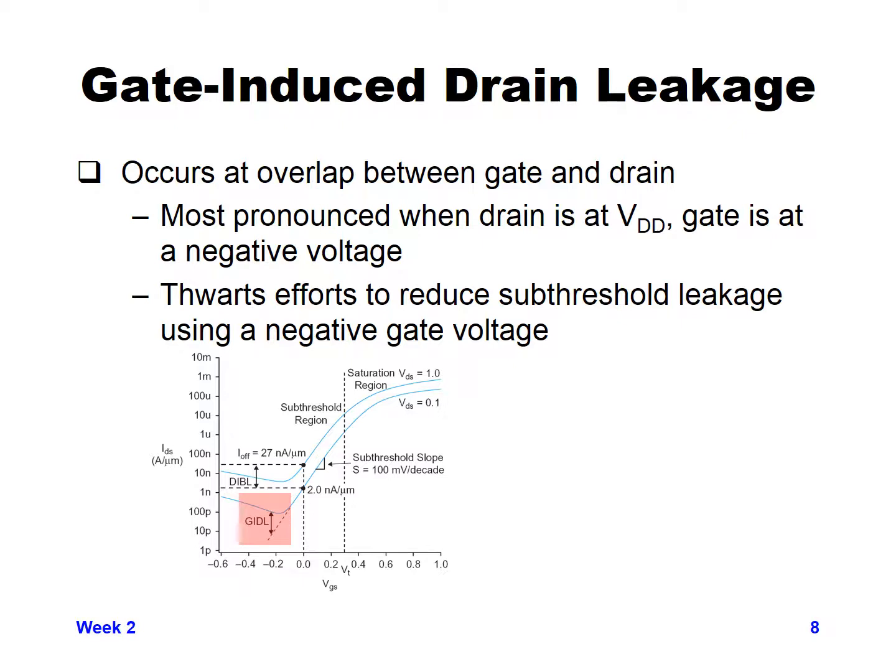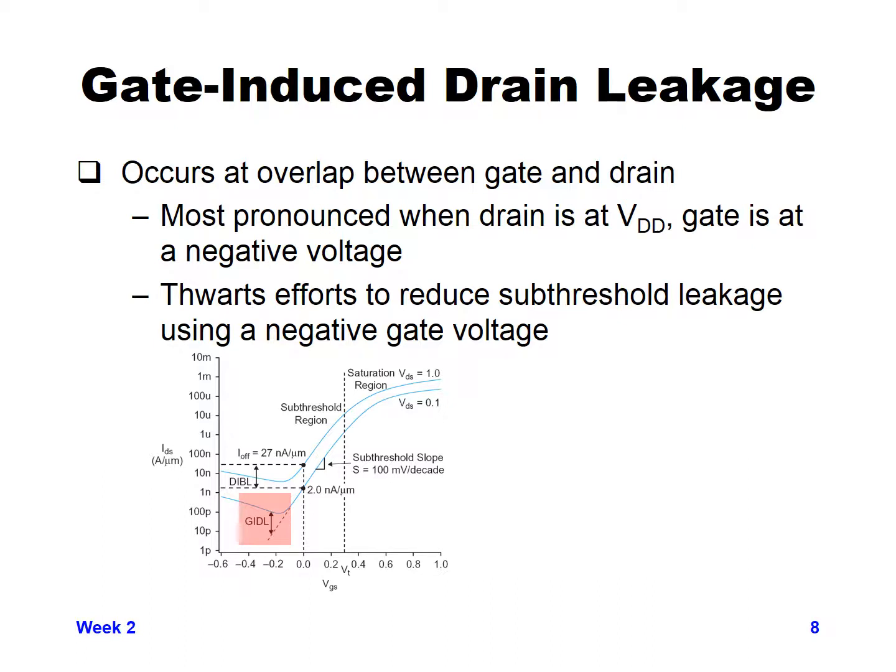This causes them to migrate, and so they're going to go not just vertical into the silicon, they're going to go horizontal underneath the gate a little bit. So you will get some overlap between your gate and your drain.